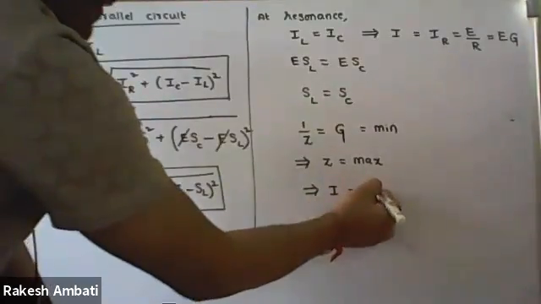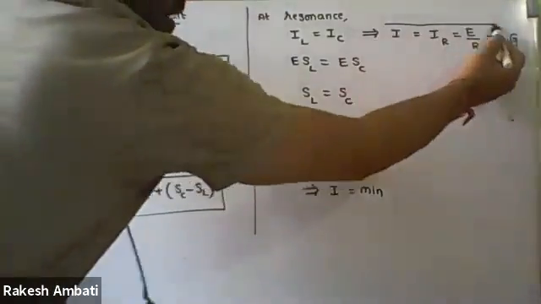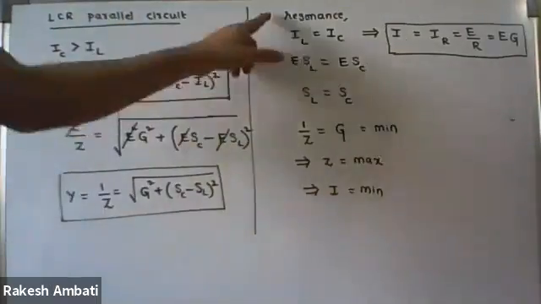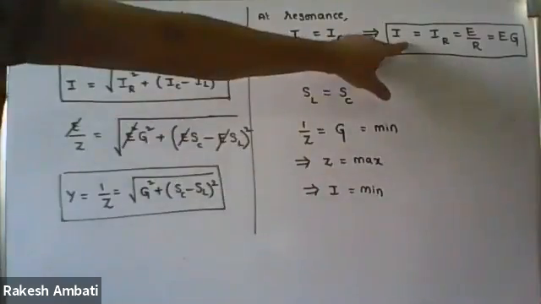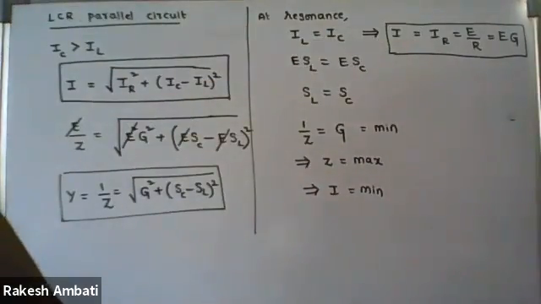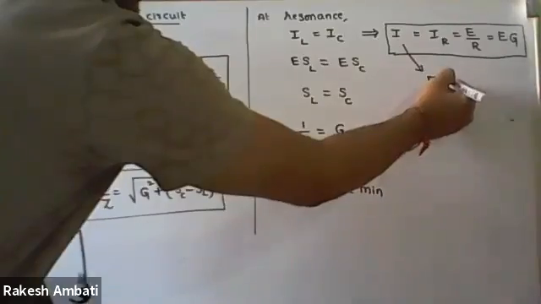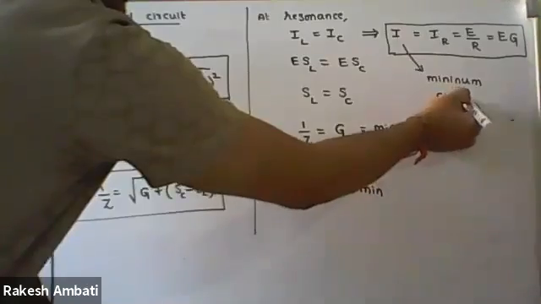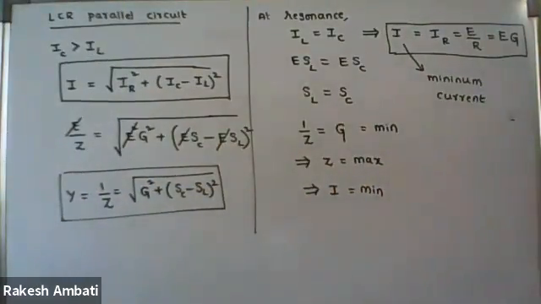Therefore, at resonance, the resultant current we get is the minimum current. So that is the resonance condition.